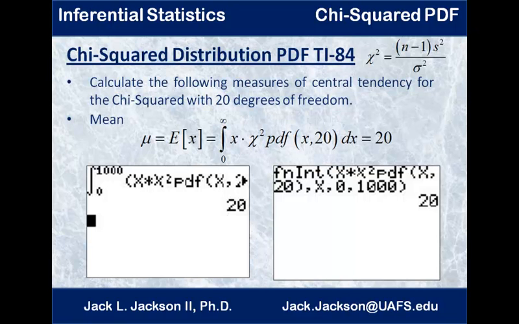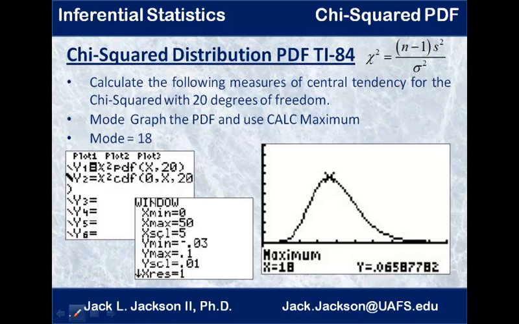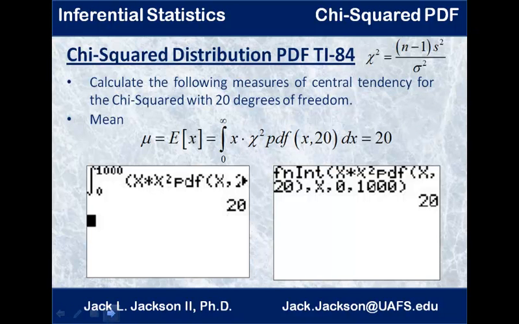What about the mean? Well, remember that the mean is, you should be able to figure this one out. We've done this before. The mean is the expected value of x, which is the integral over everything, and in this case everything is 0 to infinity, of x times the PDF.